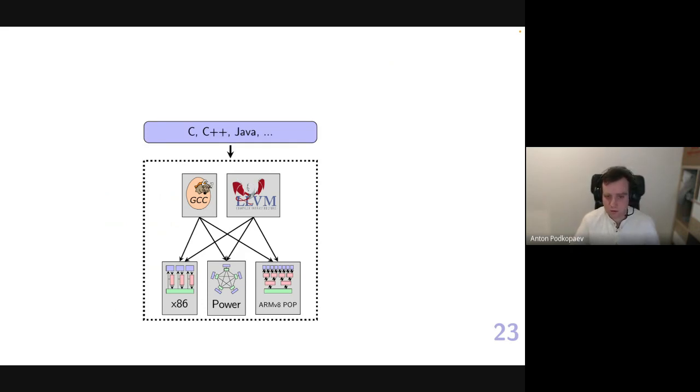Then on the top, you have programming languages. They also have memory models, which are even weaker than what is provided by GCC and CPU architectures.